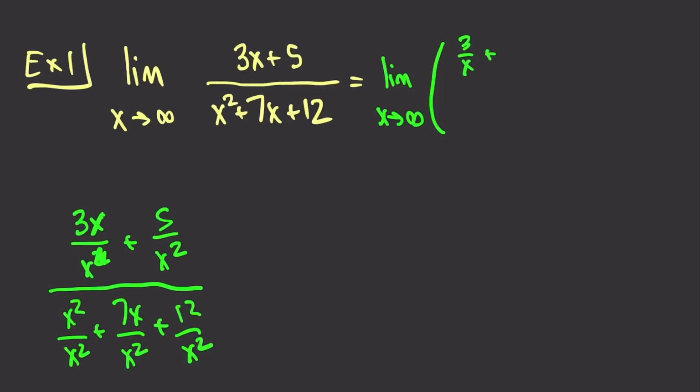Plus, there's nothing to simplify in the next one, that's just 5 over x squared. Over, this cancels. Now, don't forget, that's a 1. That's not a 0. That's a 1, so it's going to be 1 plus, this x here cancels one of those, 7 over x, plus 12 over x squared.